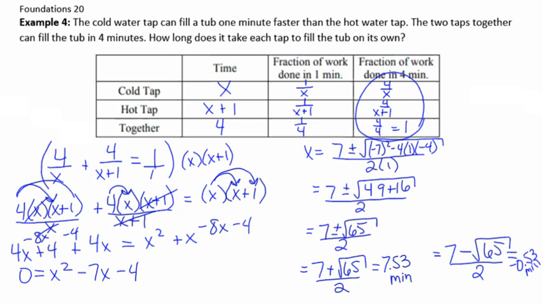So again, in terms of time, that is not one of our answers. We can't have negative minutes. So 7.53. So what we just solved for was the time for cold water only.